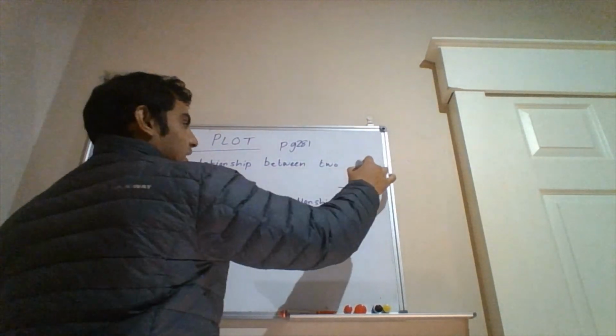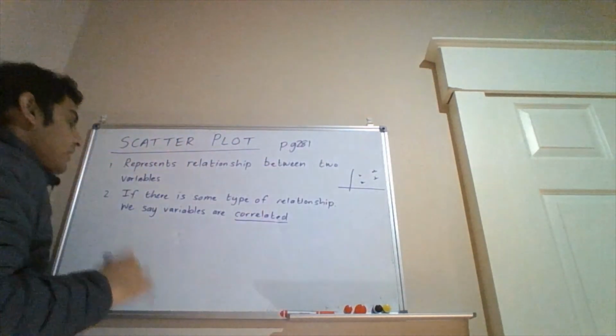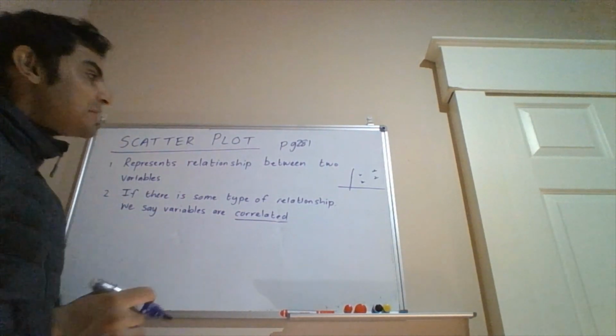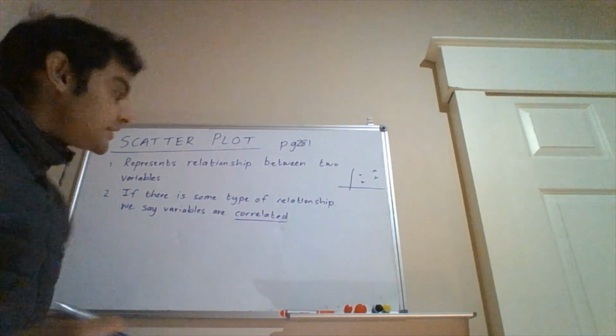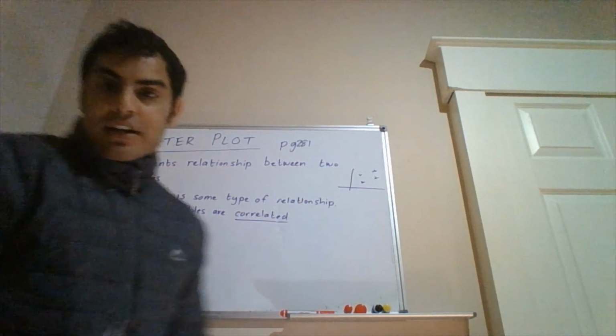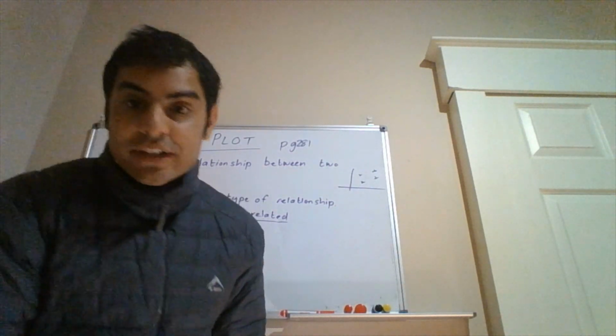The plots are a series of dots. If there is some type of relationship, some type of pattern in the dots, then we say that the variables are correlated. Now let's look at the example at the bottom of page 281.